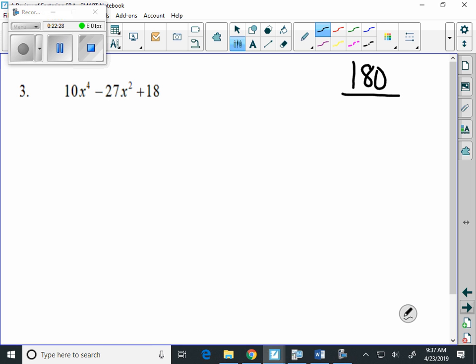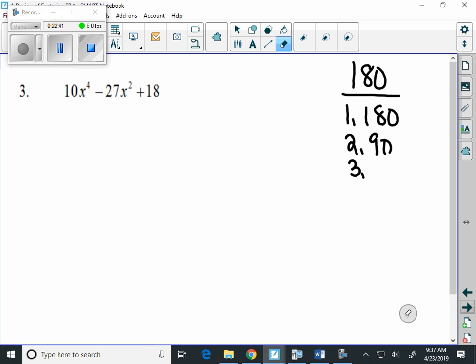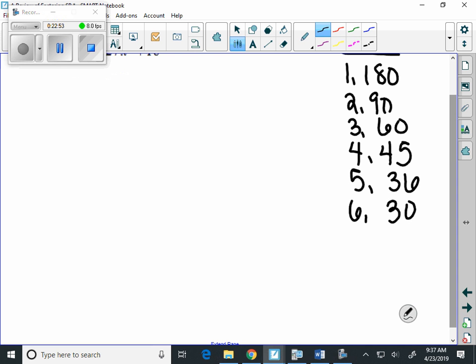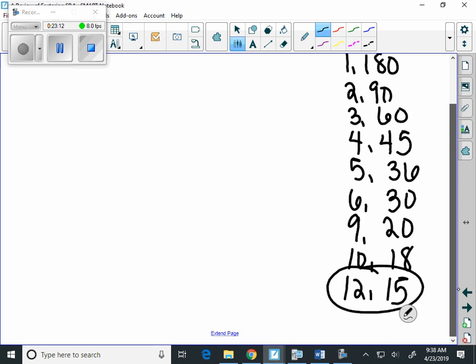And the factors of 180 are 1 and 180, 2 and 90, 3 and 60, 4 and 45, 5 and 36, 6 and 30, 7, no, 8, no, 9 and 20, 10 and 18, and finally 12 and 15 is going to work for us to get the 27.